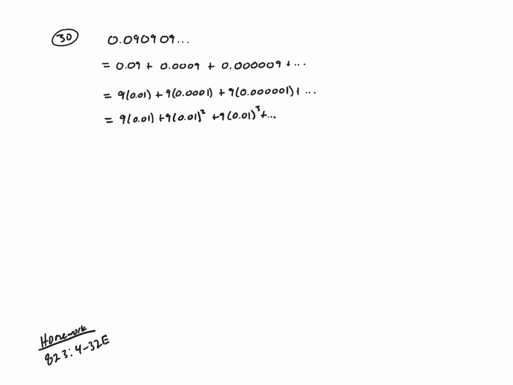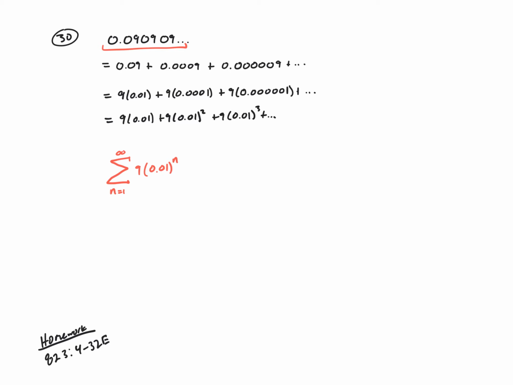This is my a sub 1. And this is a geometric series. So this repeating decimal is the same thing as the sum from n equals 1 up to infinity of 9 times 0.01 to the nth power.